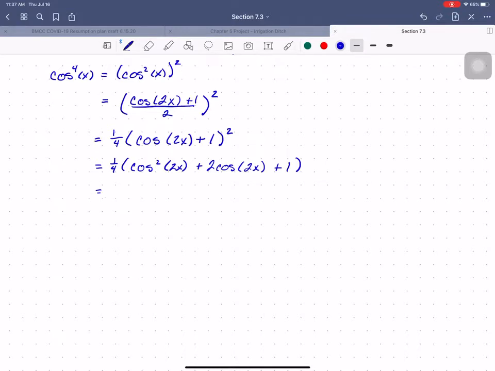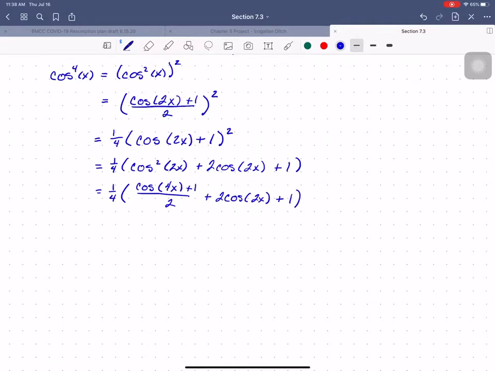I'm going to keep the 1/4 out in front. Cosine squared is going to become the cosine of 2 times whatever's in there. So that's cosine 4x plus 1 over 2, plus 2 cosine 2x plus 1.